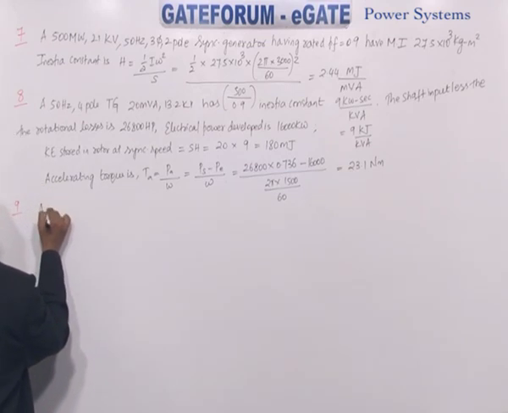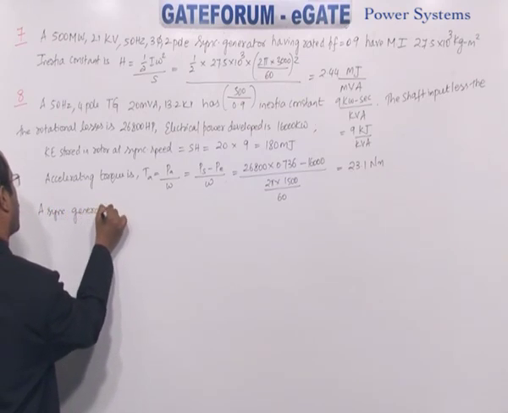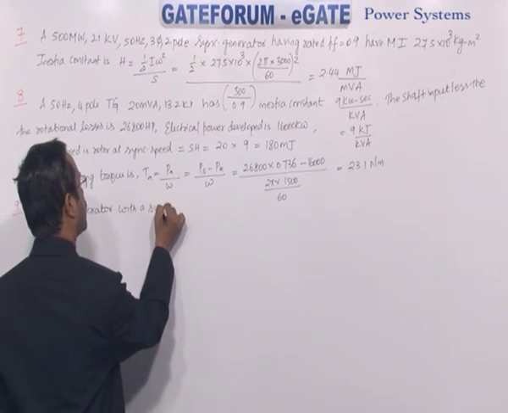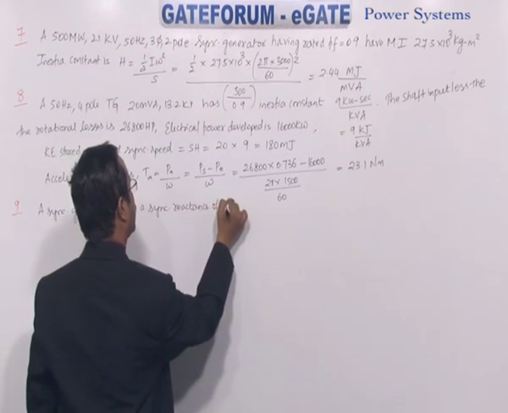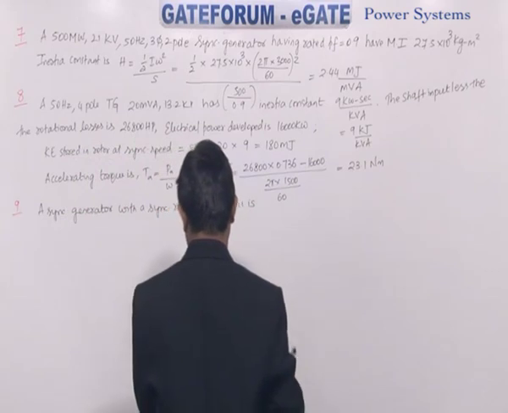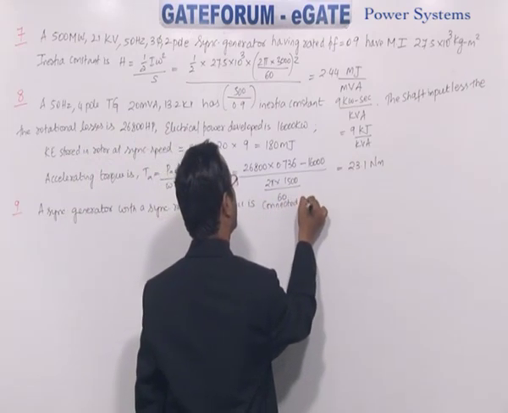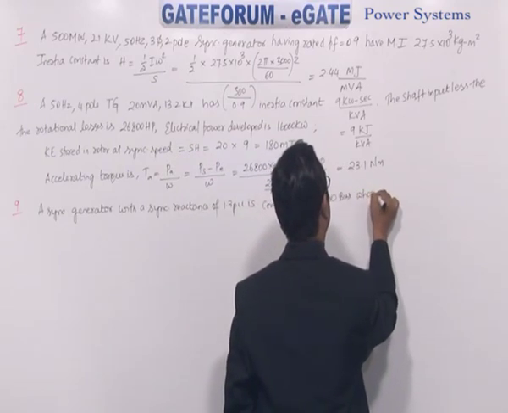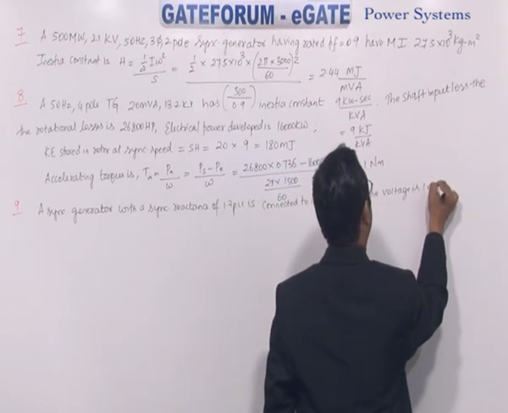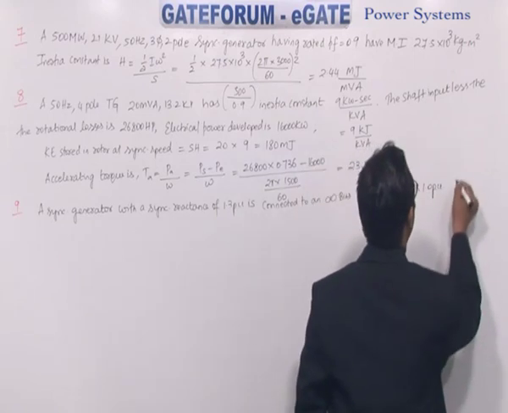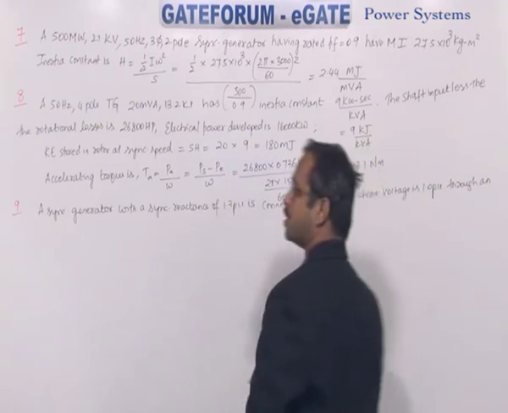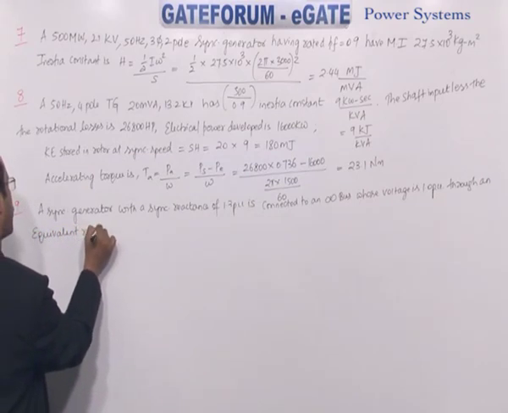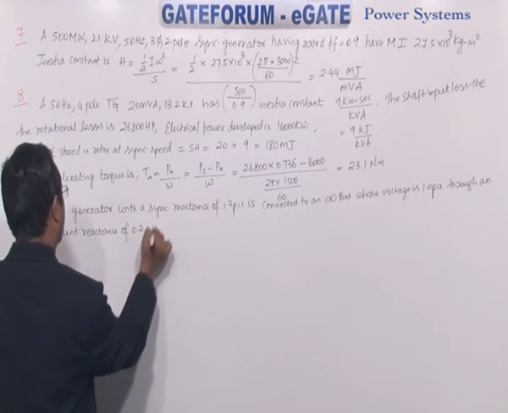Now we solve this next question. A synchronous generator with a synchronous reactance of 1.3 per unit is connected to an infinite bus whose voltage is 1 per unit through an equivalent reactance of 0.2 per unit.